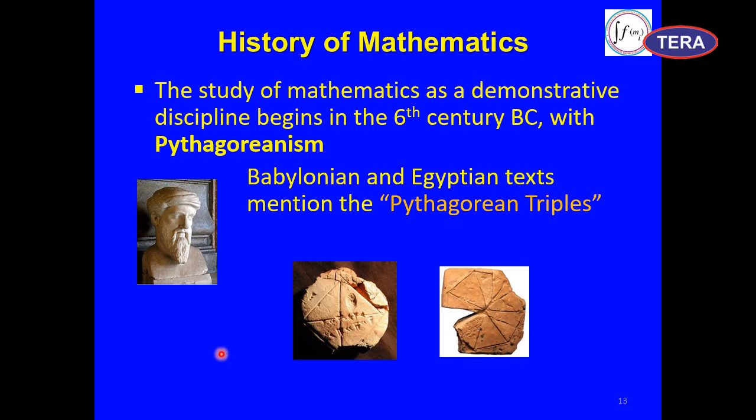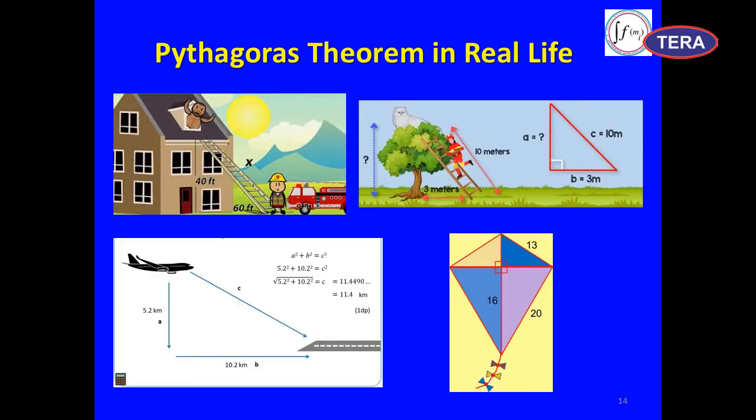Therefore, they started thinking about them. Look at these diagrams. The Pythagoras theorem, which we learn in school, is applicable in this problem solving. So that would have been the beginning, or the origin, of the Pythagoras theorem.